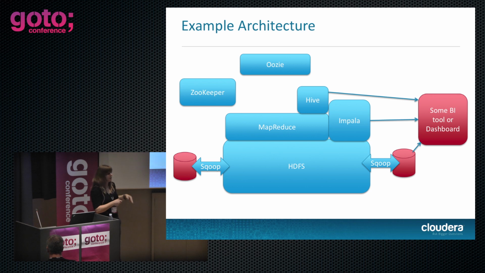So they use MapReduce to do some aggregation across a couple of databases or backends. And then they deployed Hive because that was the simplest path forward. They already knew a little bit about MapReduce, and they could do some test queries through their traditional BI tools. Pretty quickly, they got tired of Hive response times and deployed Impala. So they got seconds or minutes response times instead of hours.